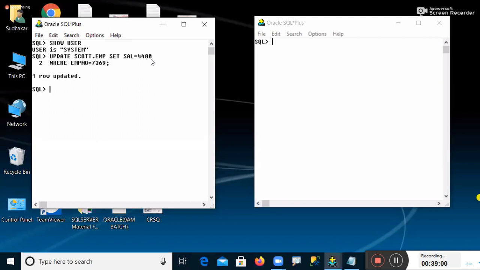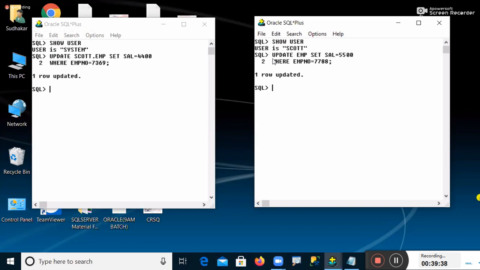Fine, he is doing one update operation on the 7369 row. Same as before, the second user is doing an update operation: update EMP set salary equal to 55 where EMP number is equal to 7788. So he is also doing one operation on 7788, which means different rows. System user performed an update on the 7369 row, and Scott user performed an update on 7788.